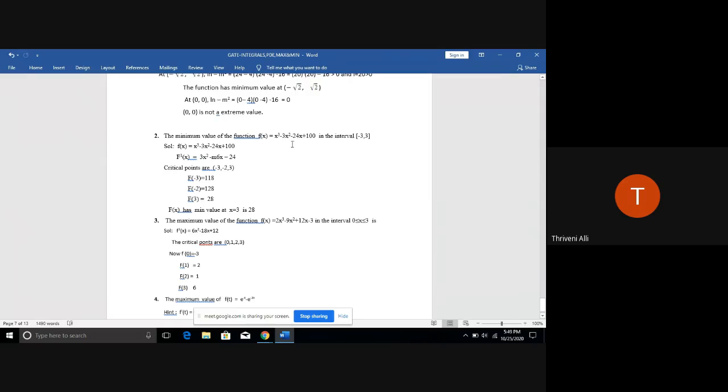See here, is this given function a function of single variable or two variables? Let's respond. In the second question, is the given function in a single or two variables?